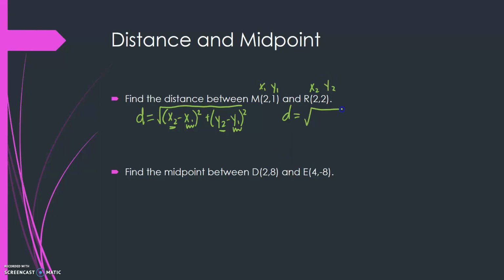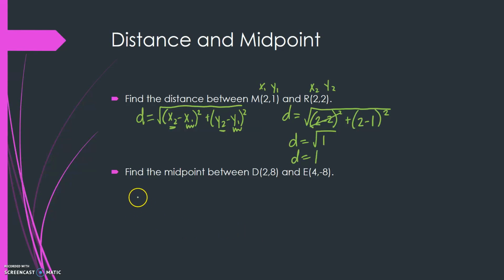So my distance equals the square root of 2 minus 2 squared plus 2 minus 1 squared. 2 minus 2 is 0. 0 squared is 0, so this whole side cancels out. 2 minus 1 is 1, so distance equals the square root of 1. Well, 1 is a perfect square, so my distance is 1. Works out nicely.